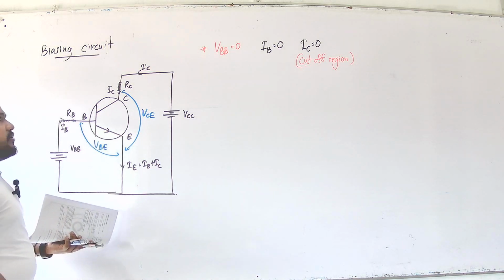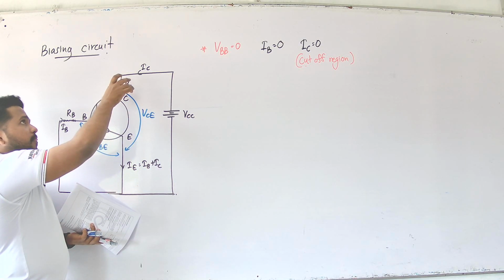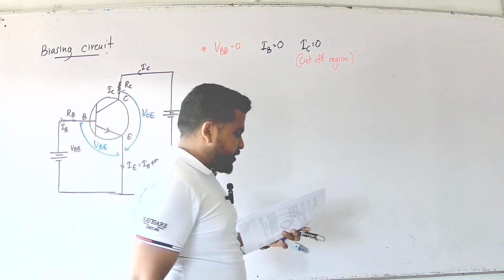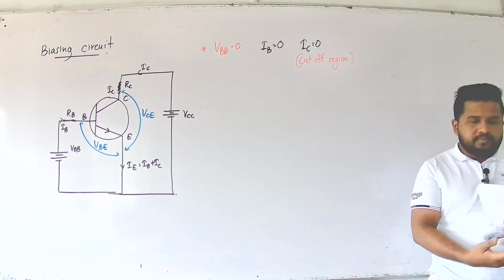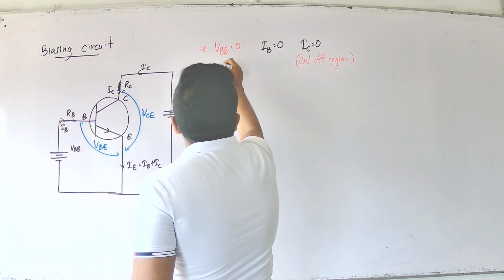There is no decrease of potential across RC. Therefore, what is VCE in this case?